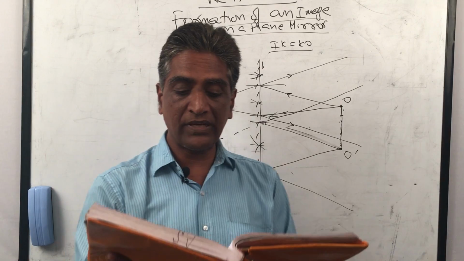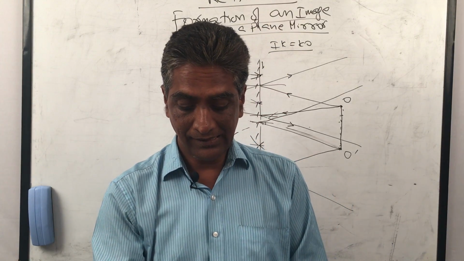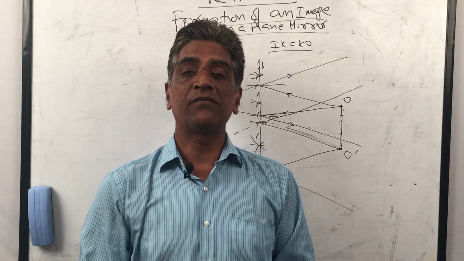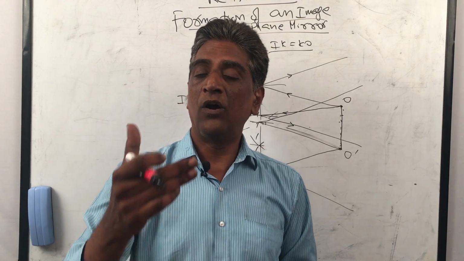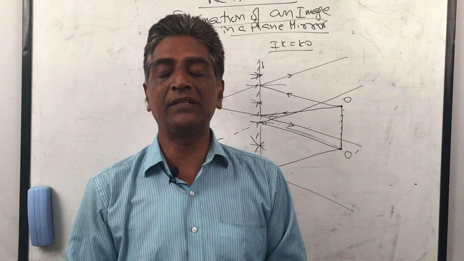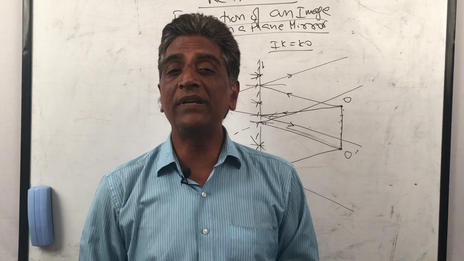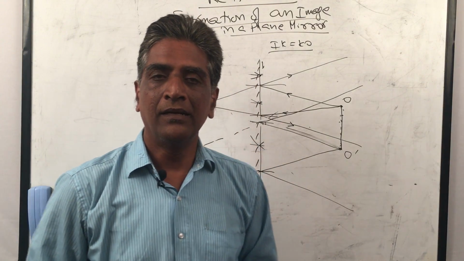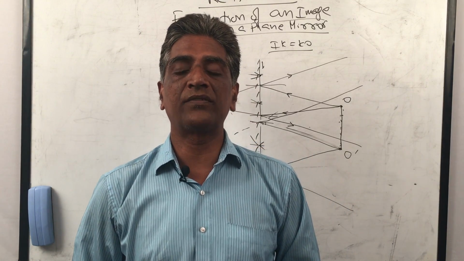So let us discuss the characteristics like object size, image size. Distance means from the mirror: object to the mirror, mirror to the image. And right-left inversion of an image formed by a plane mirror. That we'll do in the next lesson. This is Narendra Kumar and we are from Narendra Academy.